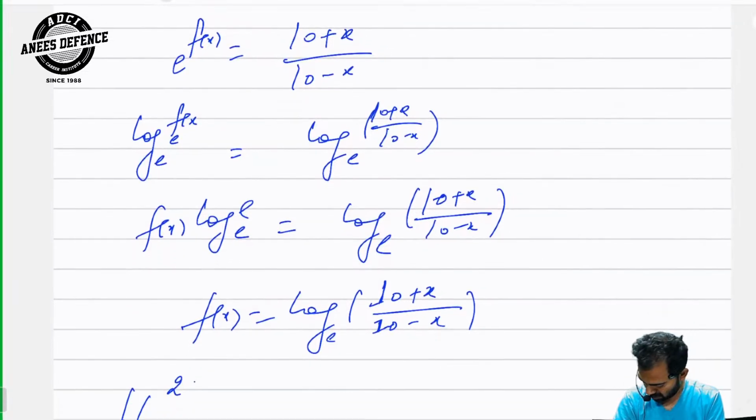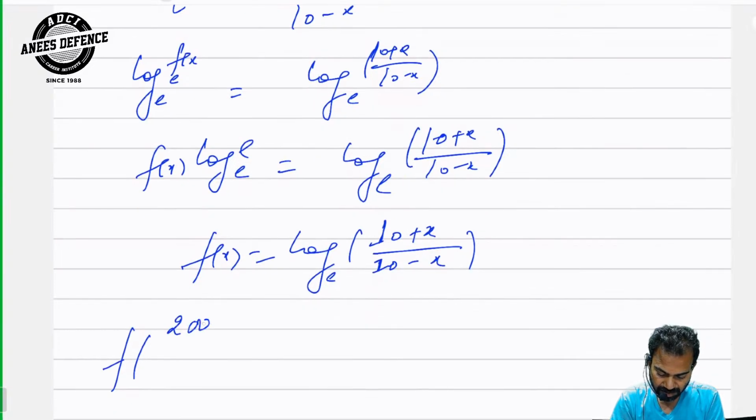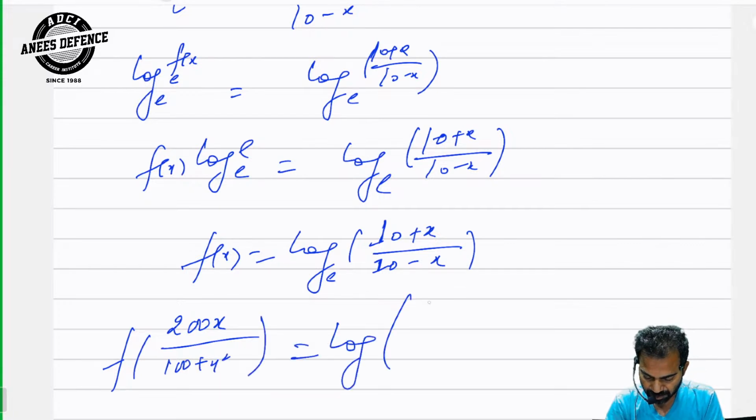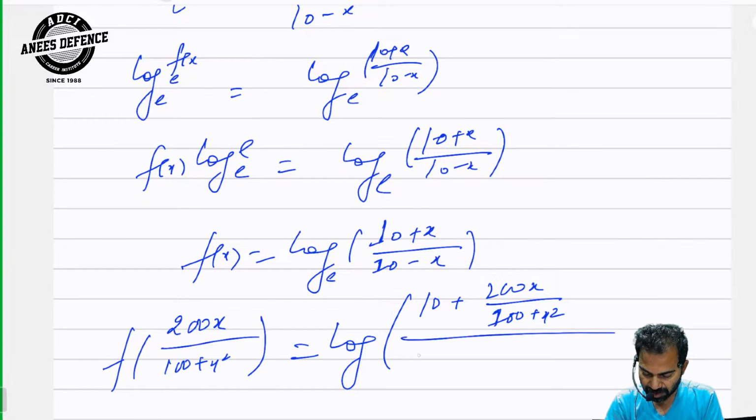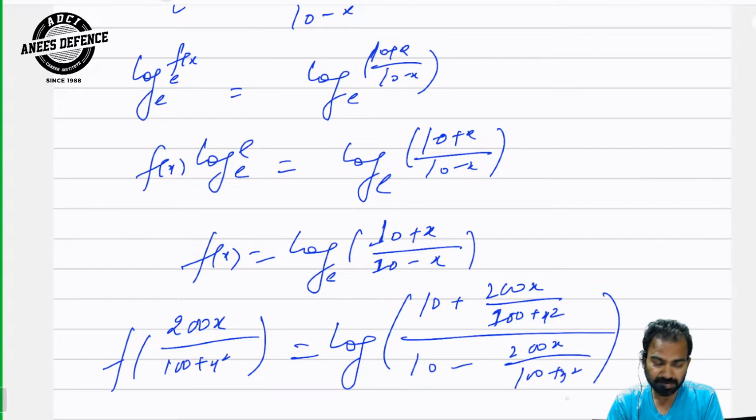Now we will find f of 200x upon 100 plus x square. So log of (10 plus 200x upon 100 plus x square) whole divided by (10 minus 200x upon 100 plus x square). Any problem?